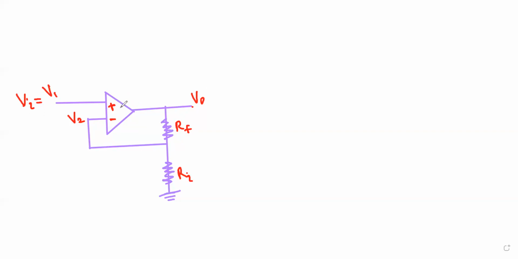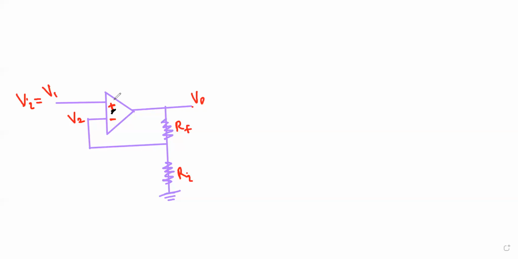In the previous video, I mentioned that this plus terminal is known as the non-inverting terminal. The reason is, to get a non-inverting amplification, we provide the input to that plus. That's why we call that positive terminal the non-inverting terminal.